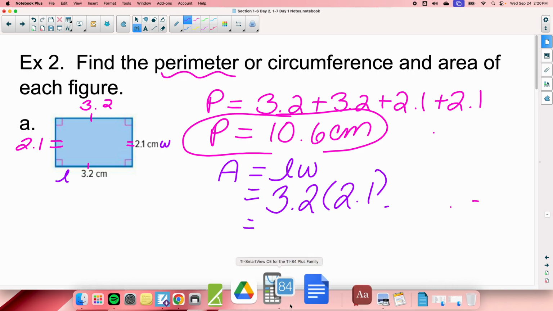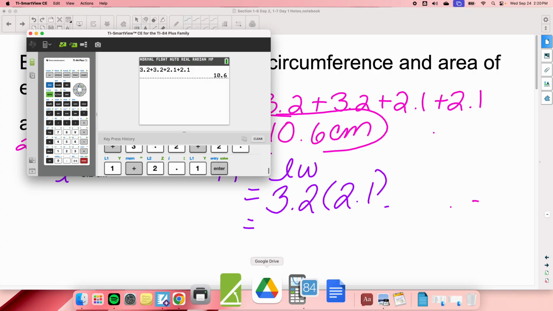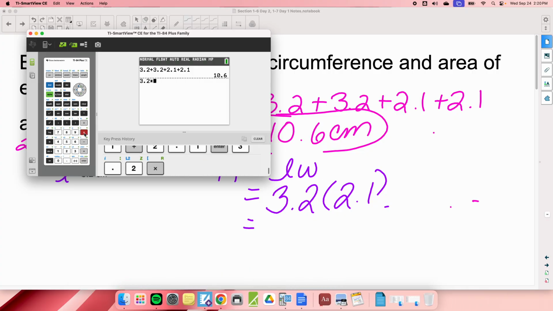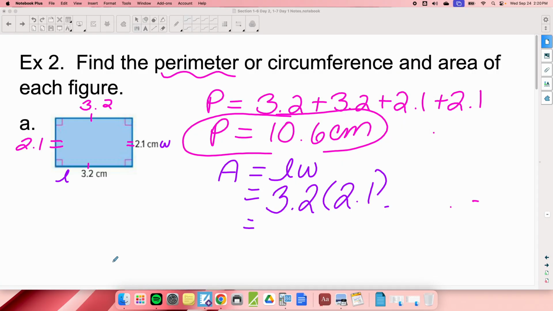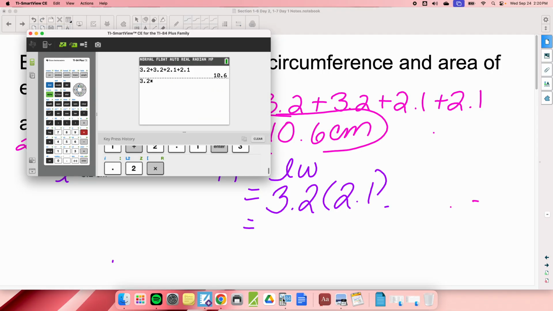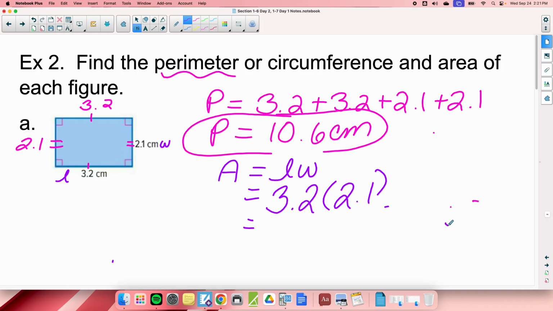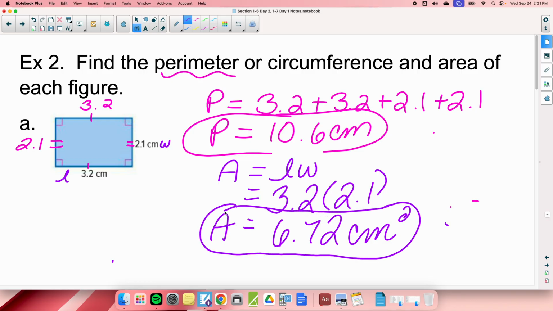If you go to do that on a calculator, 3.2 times 2.1, 6.72, thank you. Okay, that is 6.72 centimeters squared. For the area, you just go length times width. So you just multiply those two.